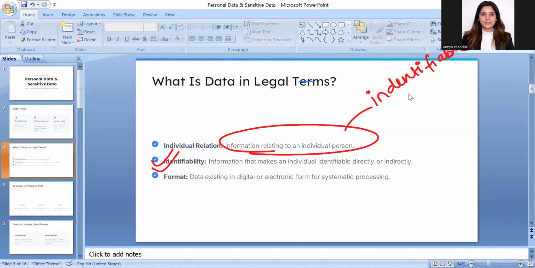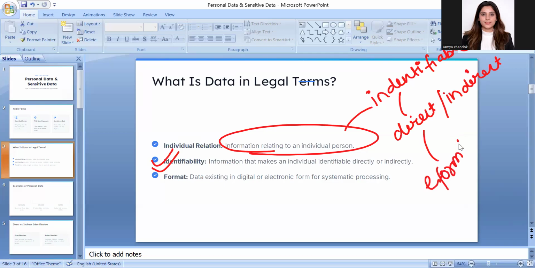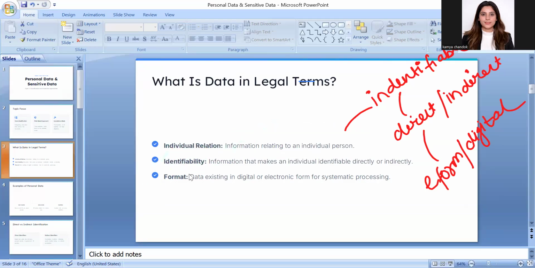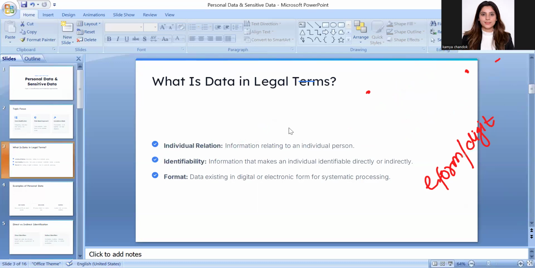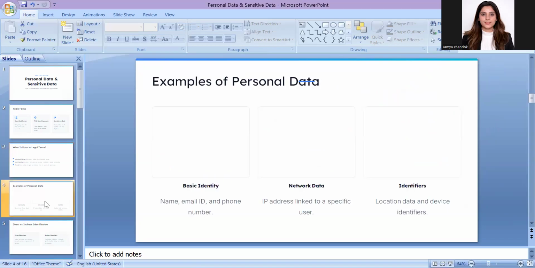The identification may be direct or indirect, and the information could be in electronic or digital form. So the focus is not on the format, the focus is on identifiability. If the information can be reasonably linked to a person, then the law starts caring.